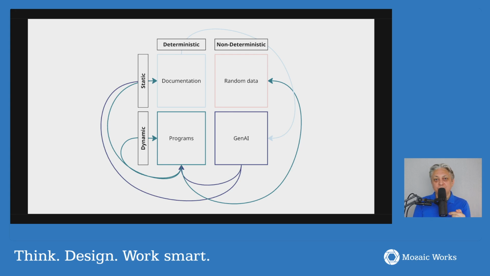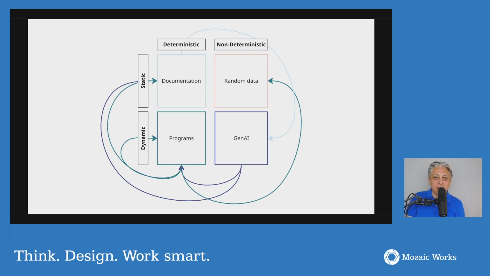But we can also use GenAI to generate static and deterministic, that is documentation, and then use the documentation with GenAI to inform GenAI to generate other things like programs or documentation. Now, interestingly enough, because programs are dynamic, we can use programs to generate programs. We can use programs to generate documentation. But we kind of knew that.